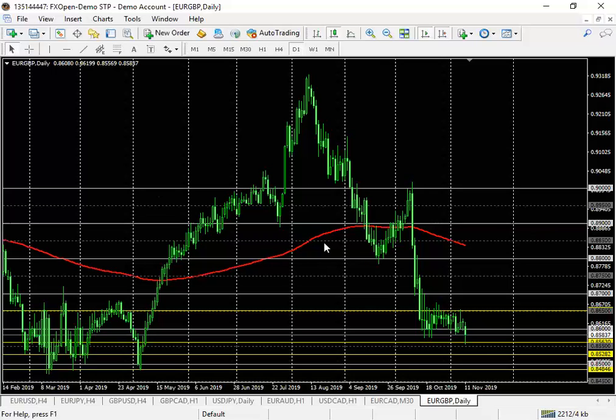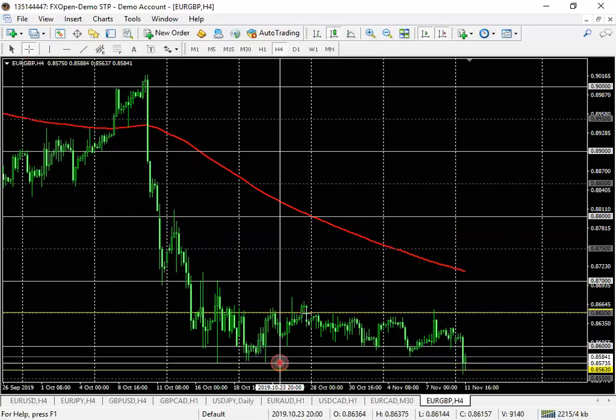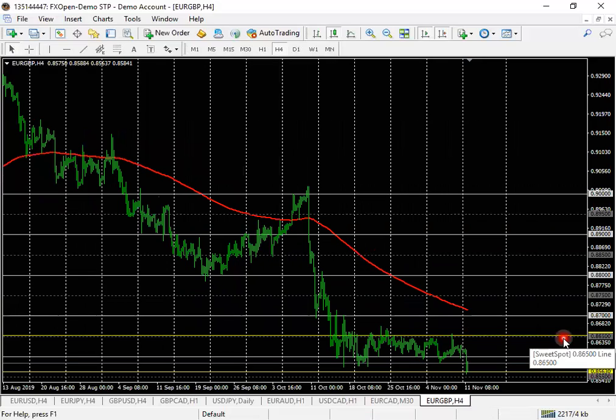So we might still see a bit of choppy sideways movement on the Euro GBP, because this has been going on for, let's say, 1 to 3 weeks. So it's been 3 weeks. The trading range has been very tight, about 100 pips, and we'd have to see something significant break on the lower levels for us to be convinced that there is one directional bias.